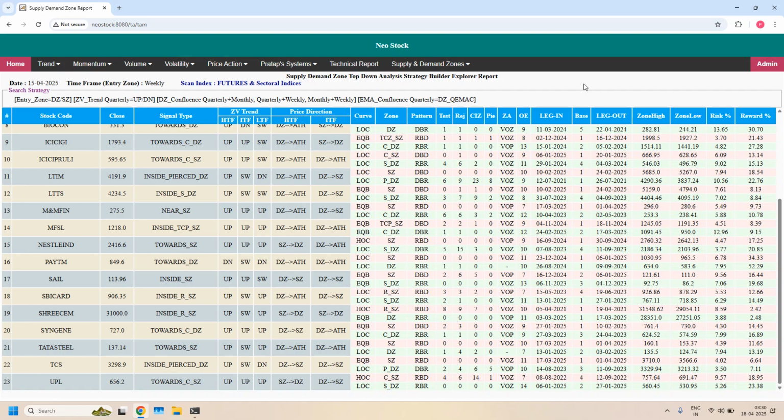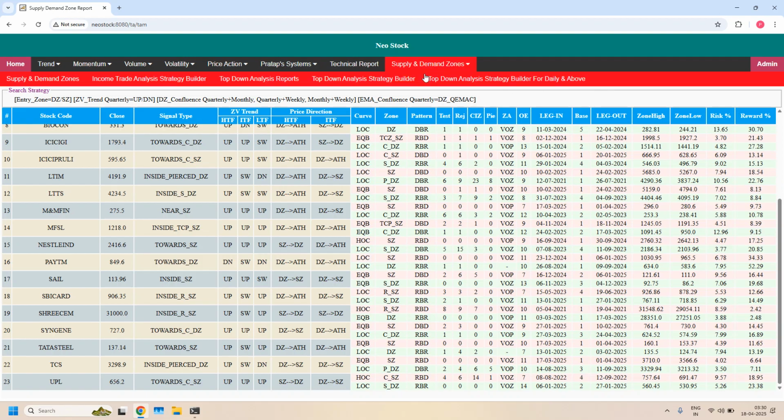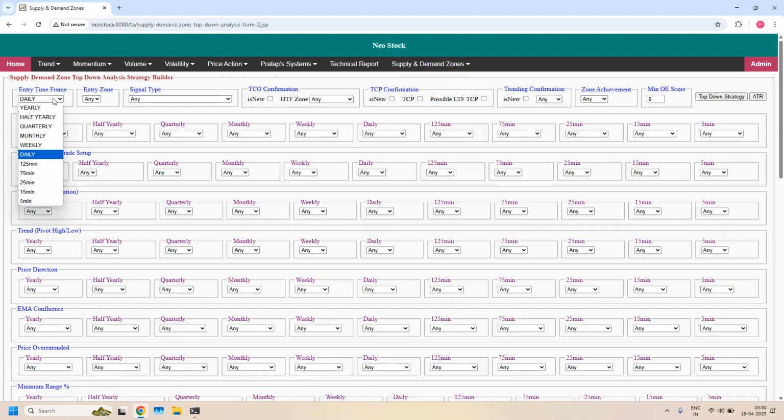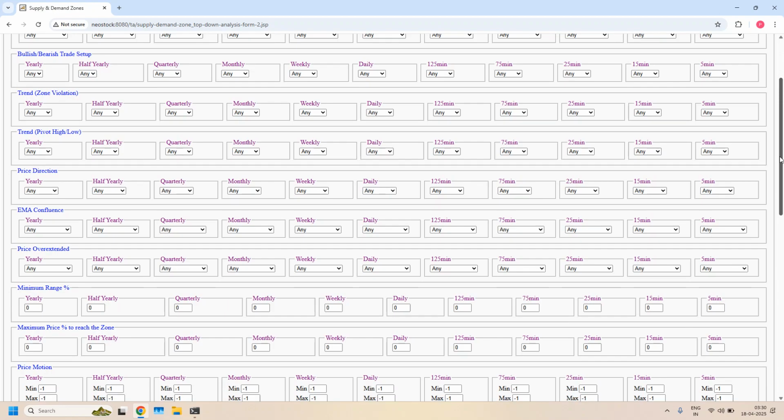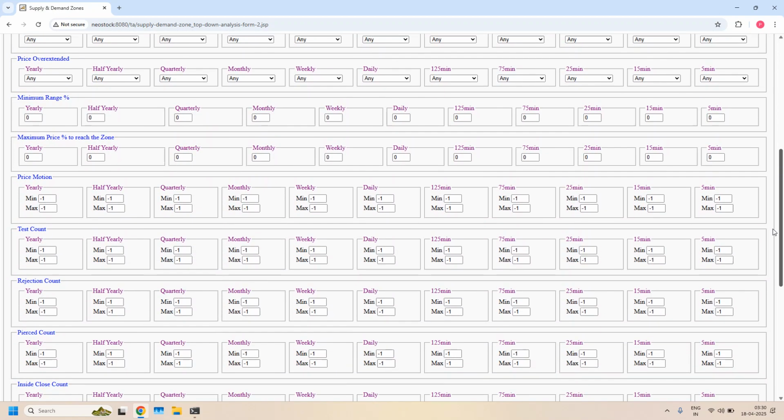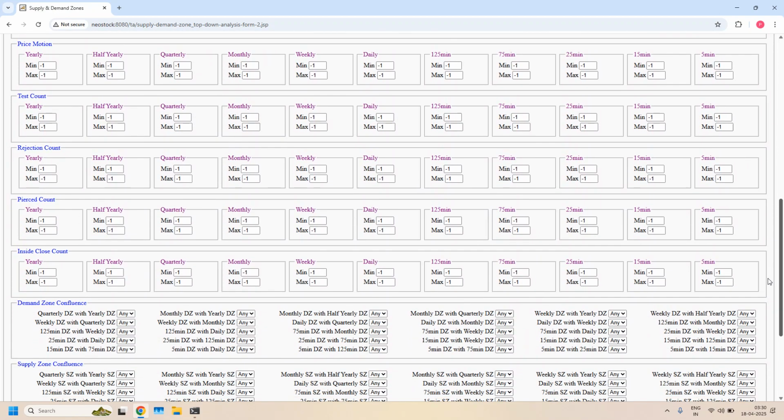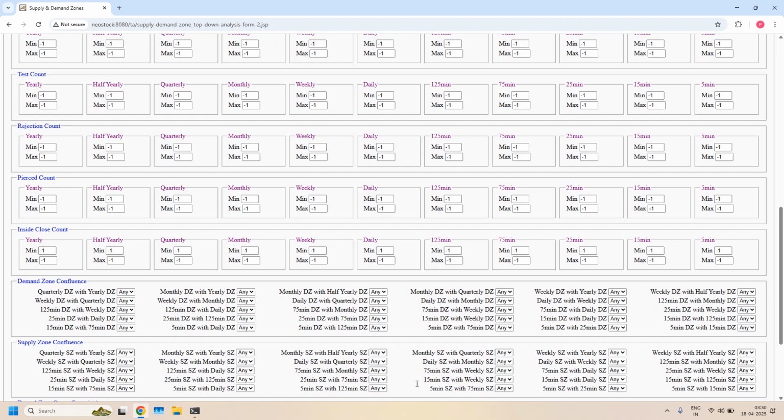Okay, similarly, let us look into weekly, monthly and quarterly supply zone confluence supported stocks. Selecting entry time frame weekly. In the supply zone confluence, I am selecting 3 filters. First filter, weekly supply zone with monthly supply zone confluence.